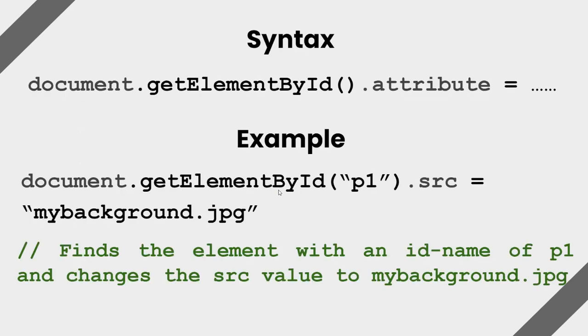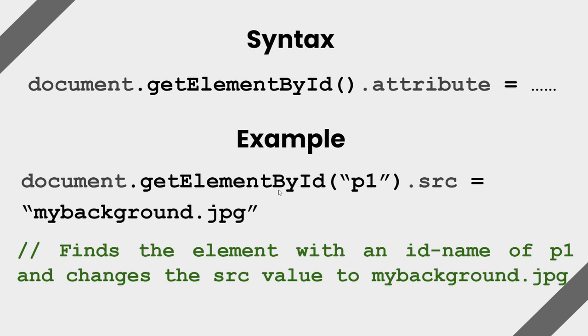Now here we have a brief syntax of the attribute property, and you can see that the syntax here begins with the document object, which we've already seen today, and also the getElementById method.